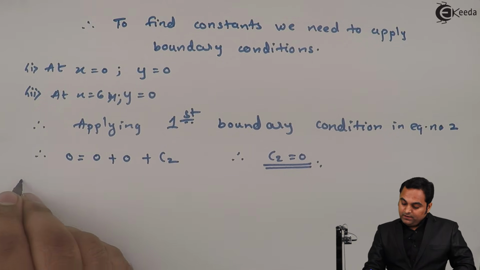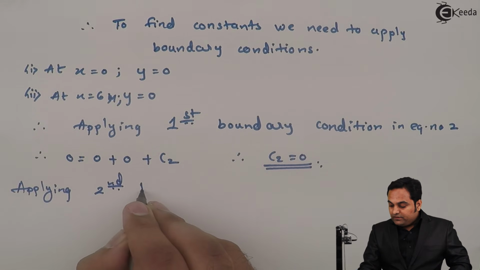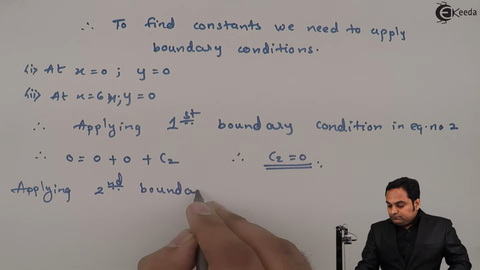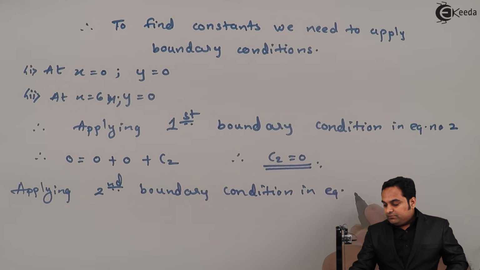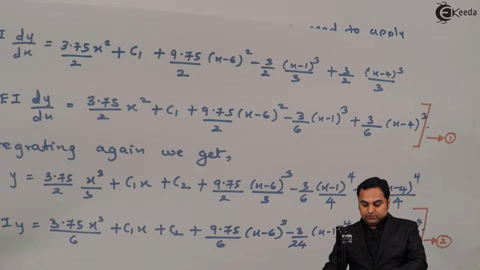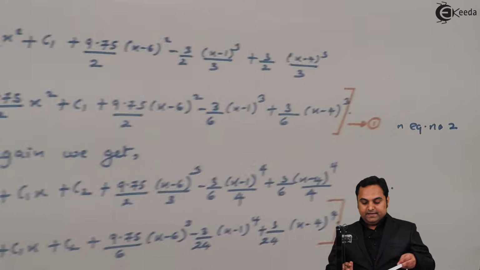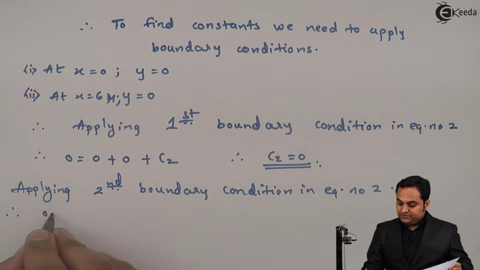Now applying the second boundary condition in equation number second. So we have EI into y, and at x is equal to 6 meter, y is 0, so left hand side is 0.